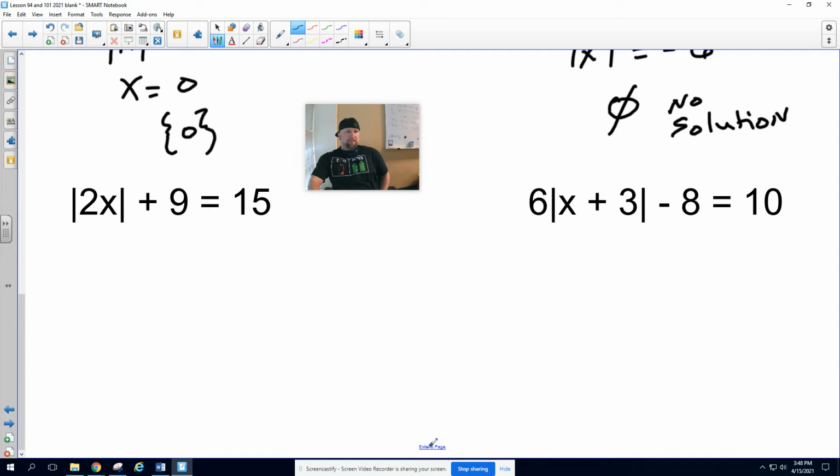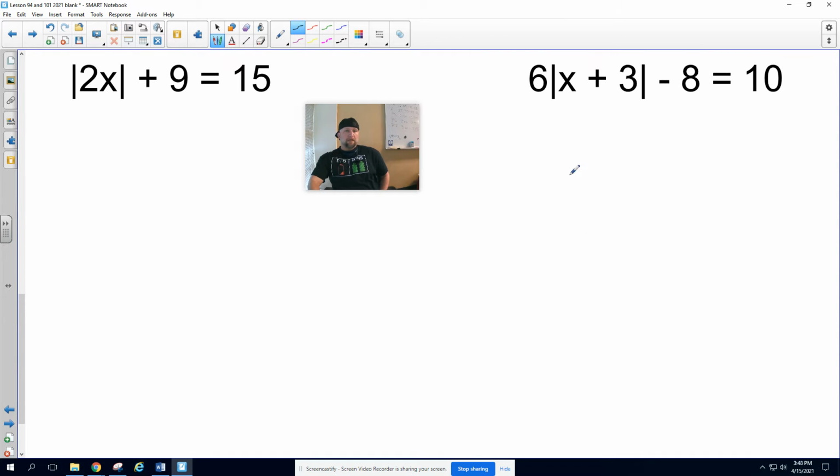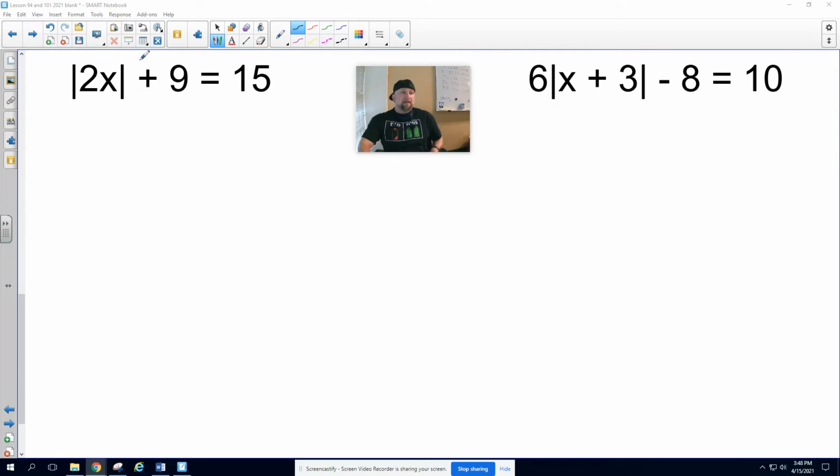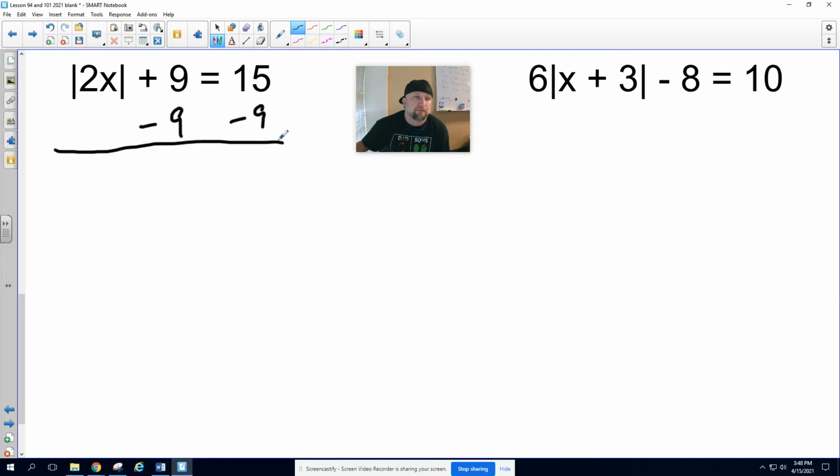And then there are 2 more examples. This time, instead of multiplying 2 by an absolute value, we've got 2 inside of the absolute value. So it's still going to be the same process, subtracting 9 from both sides in order to isolate the absolute value. That leaves us with the absolute value of 2x equals 6.